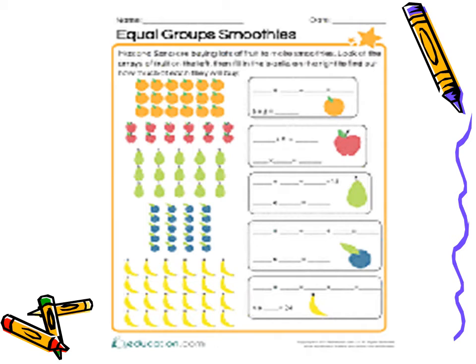In the third line also. So you can see we have 6 objects in 3 different groups. So we can write 3 into 6. 3 multiplied by 6. And whatever the answer will be, we will be discussing it in our next class.